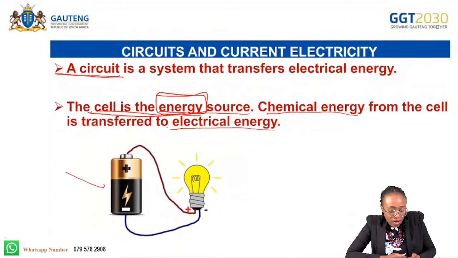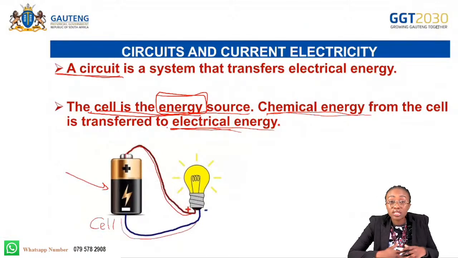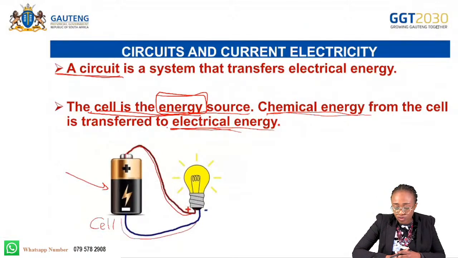So here we have our cell. This cell contains chemical energy within it, and that chemical energy is transferred to electrical energy. Our conducting wires allow that electrical energy to flow through them.